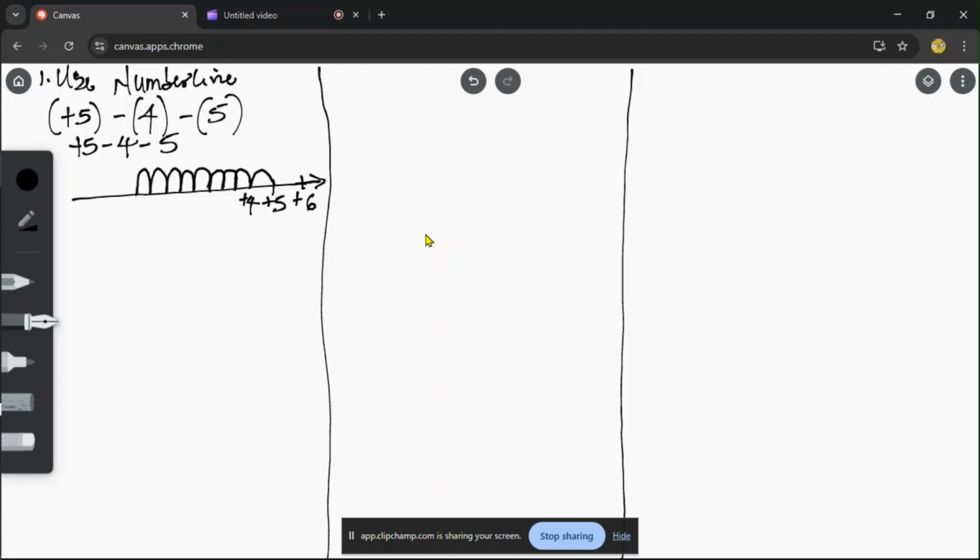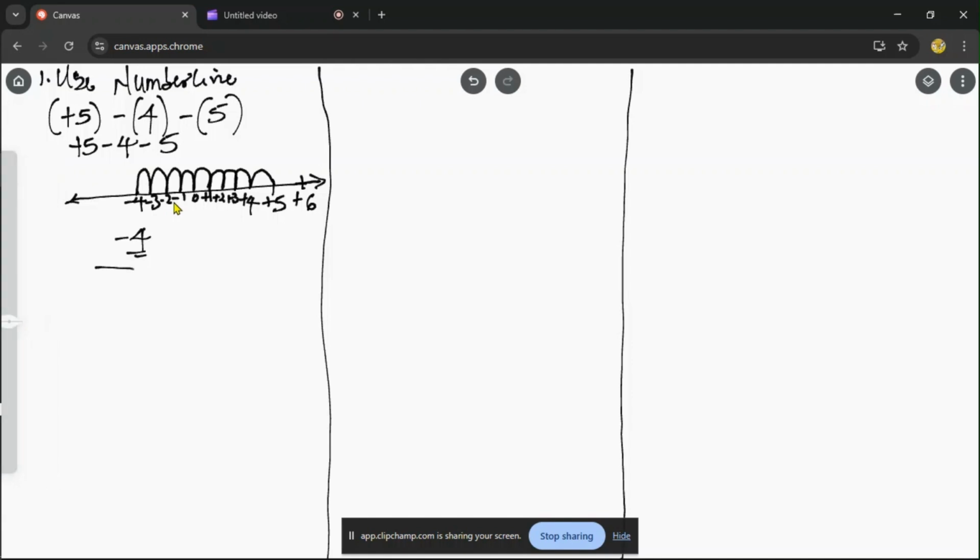Then this one is plus 3, plus 2, plus 1, then you have 0, minus 1, minus 2, minus 3, then minus 4. So the answer is found here. It is an arrow, so my answer is minus 4. So that is the answer for number 1.